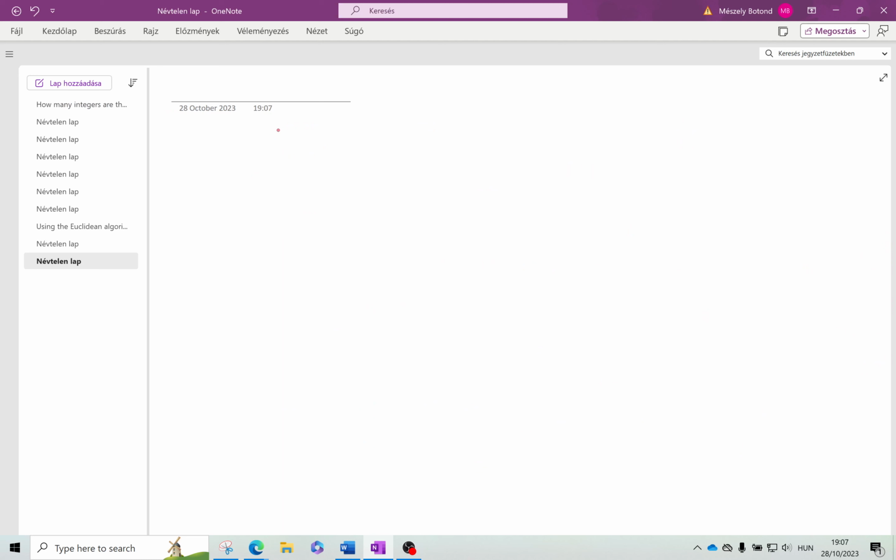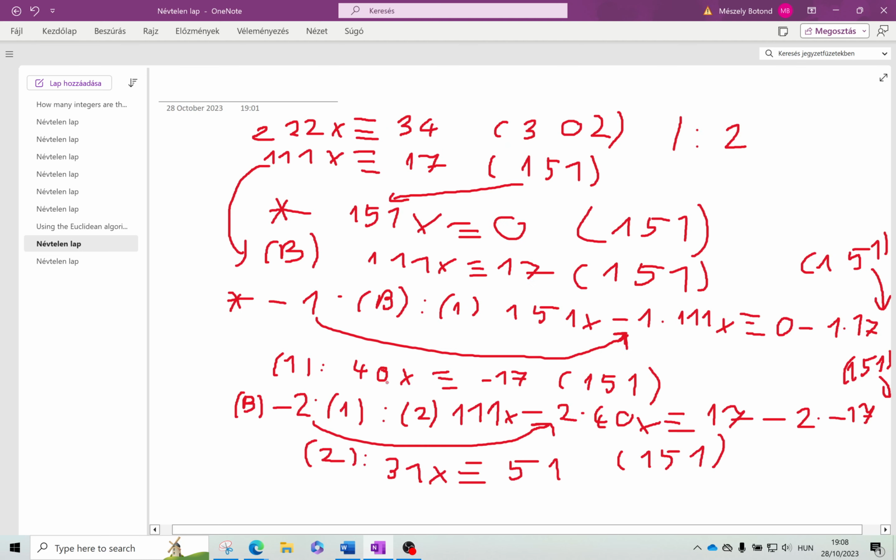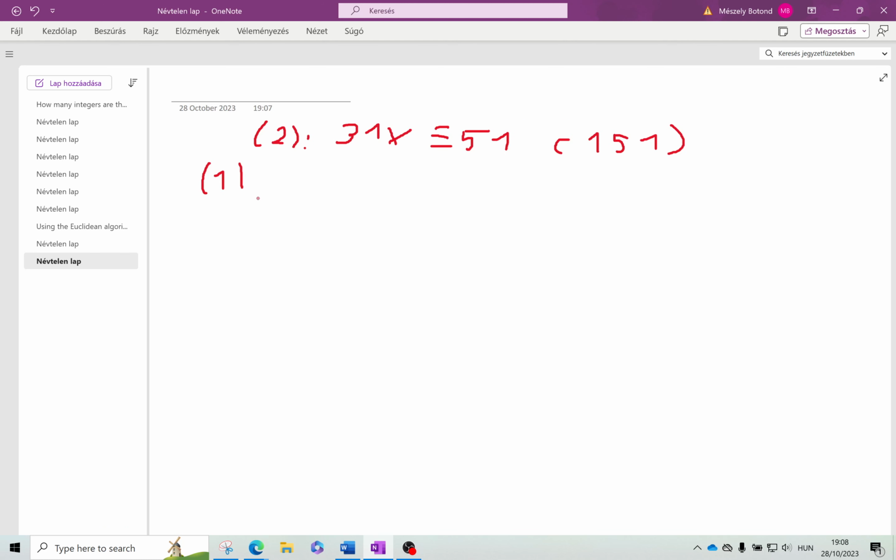Basically, we are doing this until we get to x. So right now we have 31x congruent 51 modulo 151, and now we subtract from the number 1 equation the second equation. 40 minus 31, we can only subtract once.